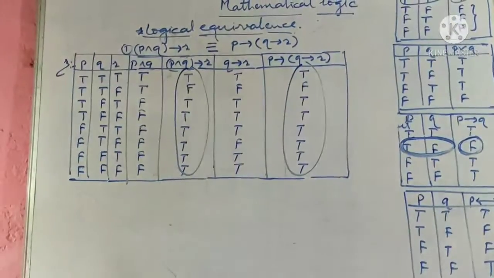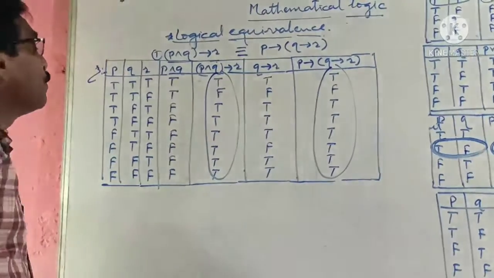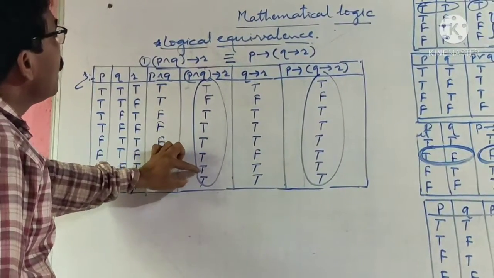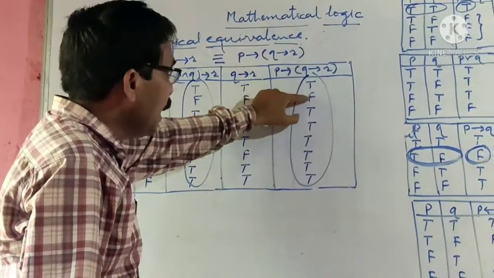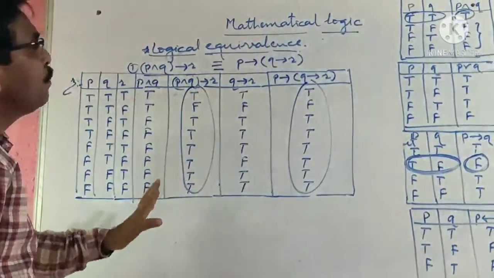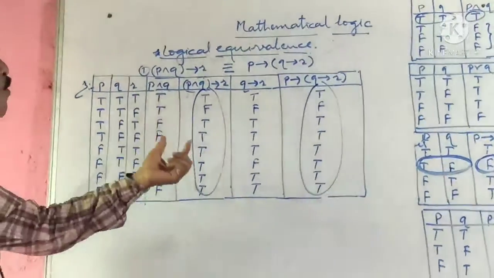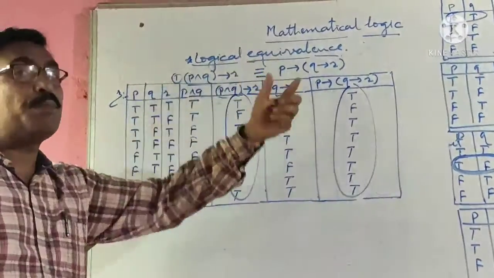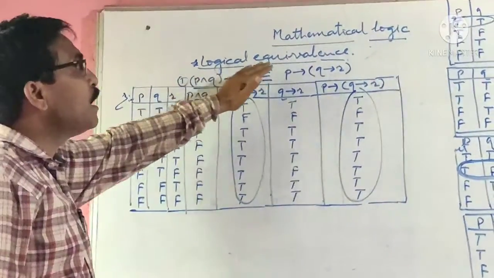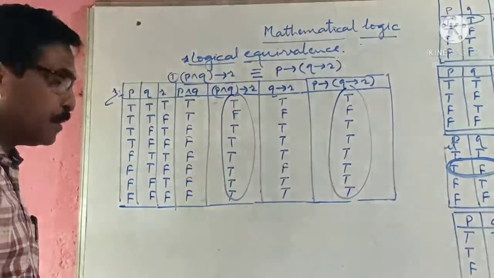Now check the entries of these statement patterns. TF, T, T, T, T, T, T. Again, TF, T, T, T, T, T, T. Means what? All the entries in the columns of both the statement patterns are identical. Therefore, this statement pattern is logically equivalent to this statement pattern.